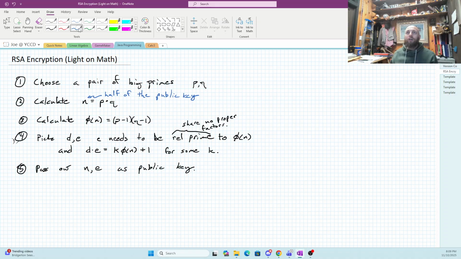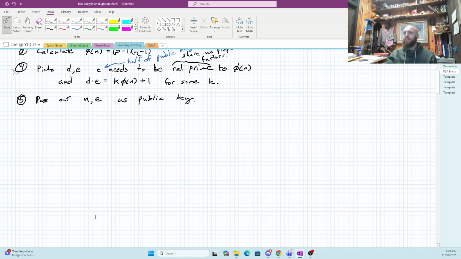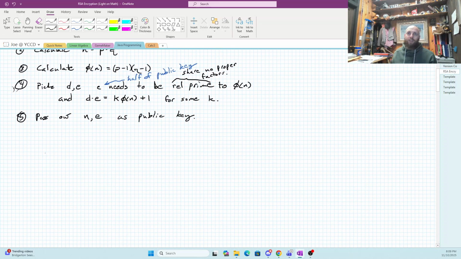I should note that E is the second half of the public key. Then we're going to need to talk about how to encrypt and decrypt. I'm going to do an example of this in a minute, so let's scroll down, and I'll give encryption and decryption steps.